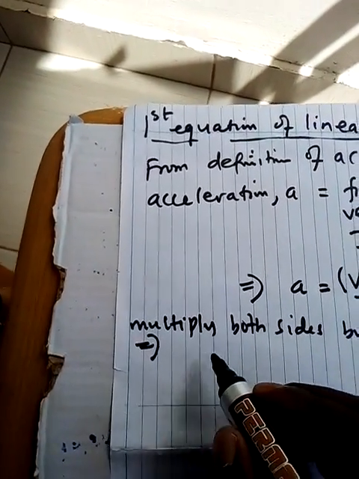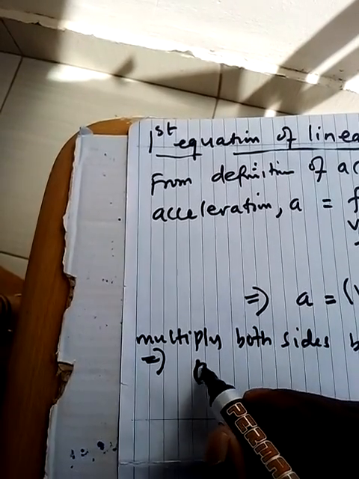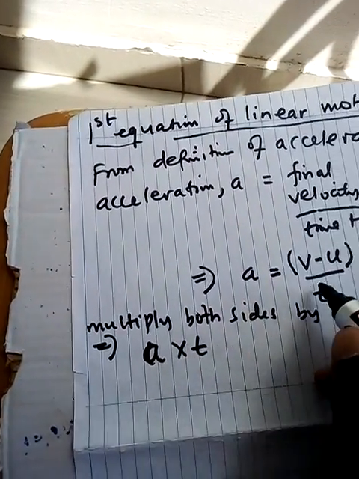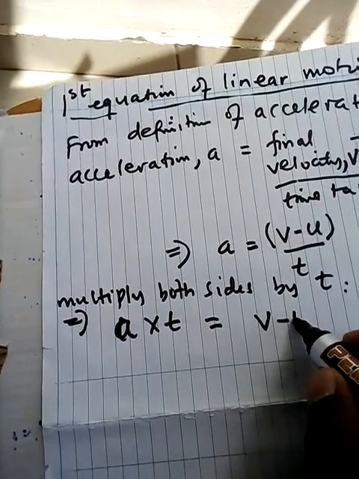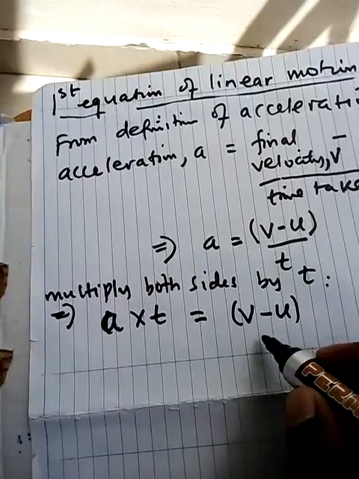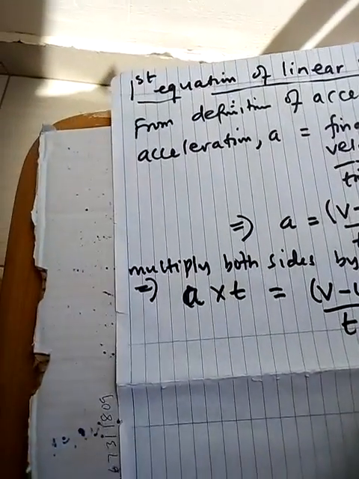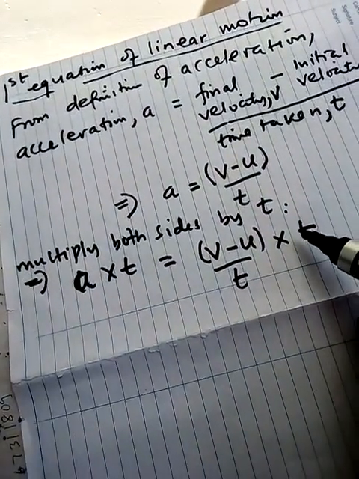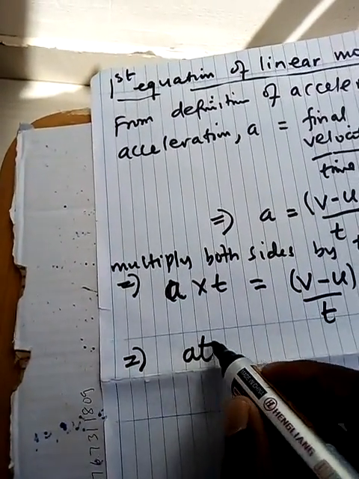This would mean you have a multiplied by t is equal to v minus u, divided by t, then multiplied by that very t. Mathematically, this t and that t will cancel out. So on the left hand side, you have at.